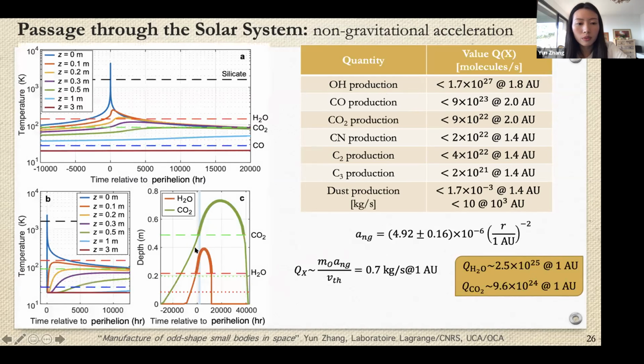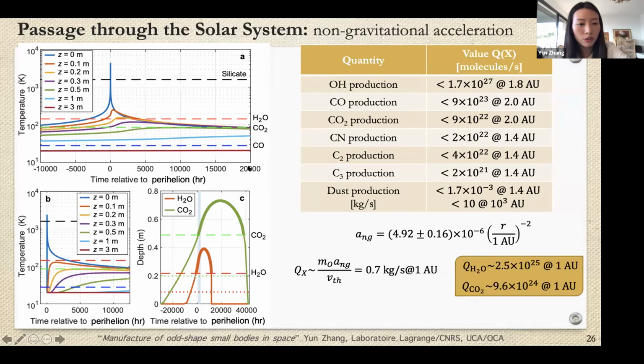In this figure, we simulated the heat conduction process for Oumuamua during its solar system passage. The evolution of the depths of the water and CO2 sublimation layers during Oumuamua's flyby in our solar system is shown by these two solid curves. The red and green dashed and dotted lines represent the buried depths of the residual water and CO2 ice from the formation process, shown in these two figures.